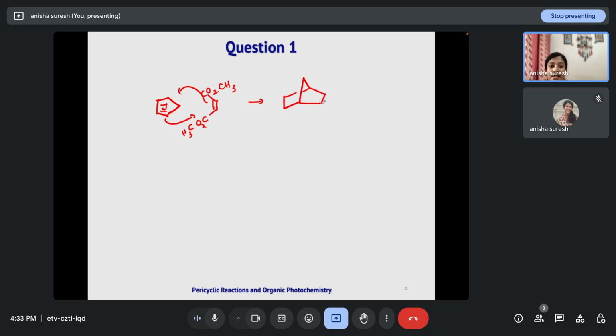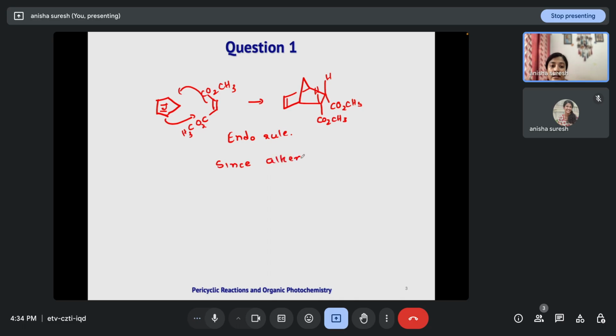So the CO2CH3 will be coming below the plane, and here a double bond will be there in the diene fragment. So this will be the product and the hydrogens will be coming above the plane.